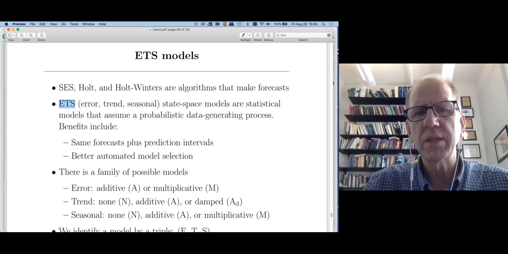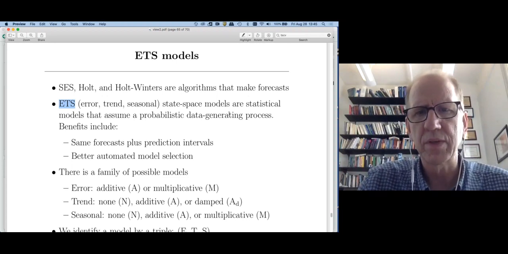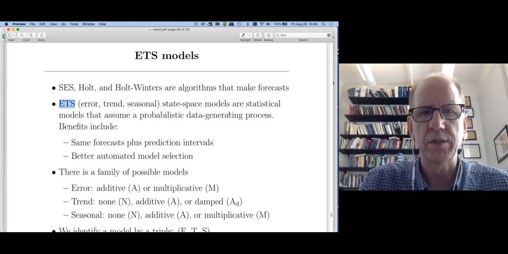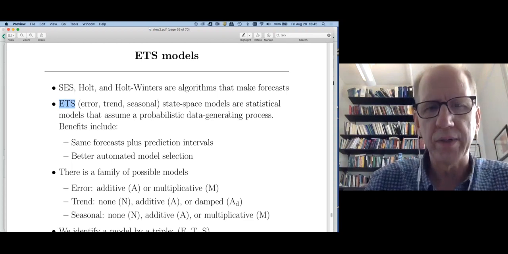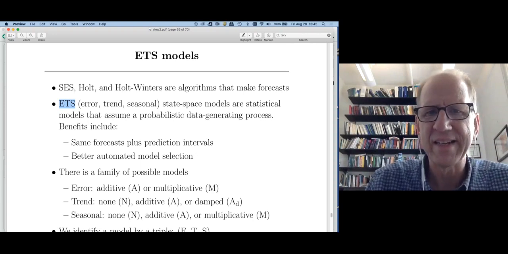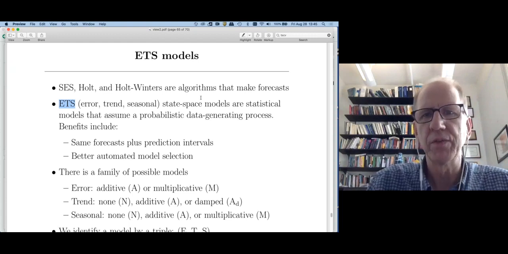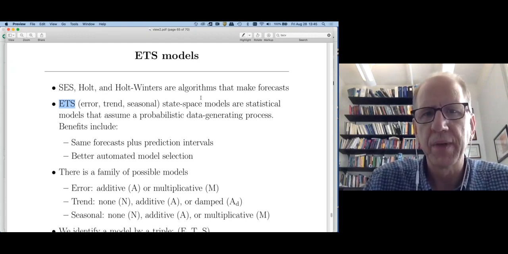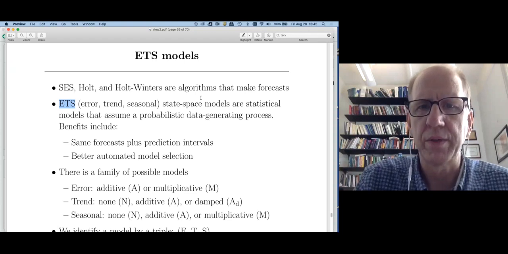Now, these more general models, these ETS models that subsume everything, have a number of advantages. The first is that they allow us to make prediction intervals. The previous methods were just algorithms, and we were getting prediction intervals when I was making the plots in R, but I didn't show you how to get those from the algorithm.